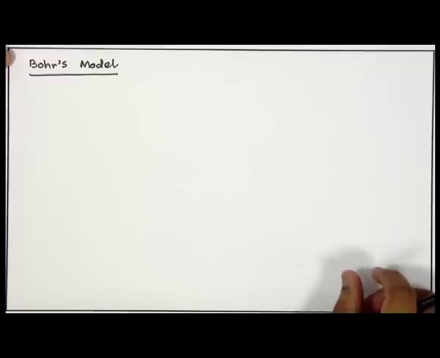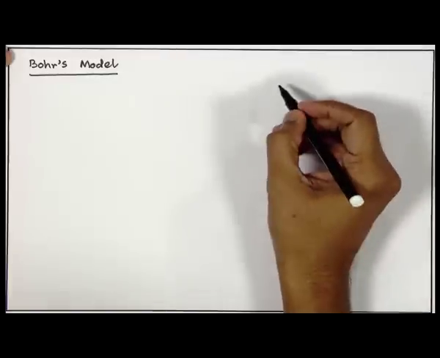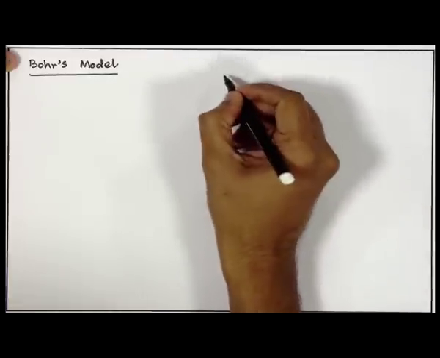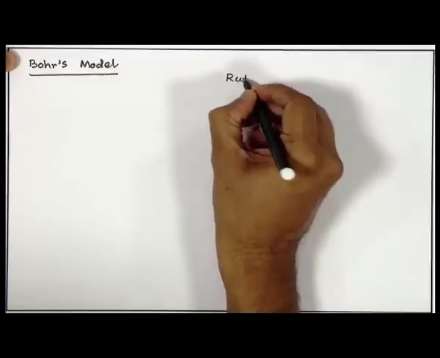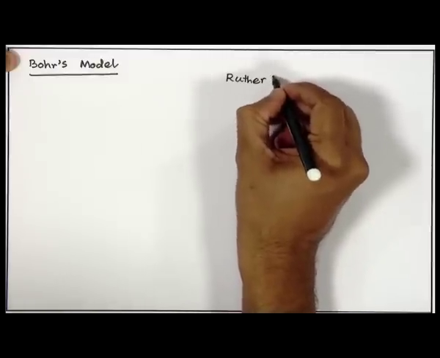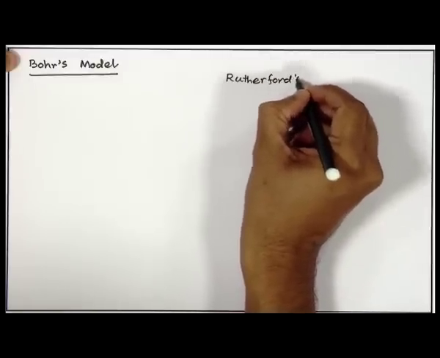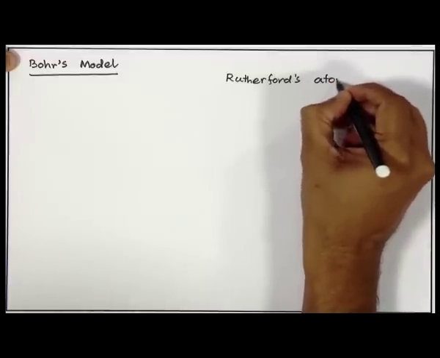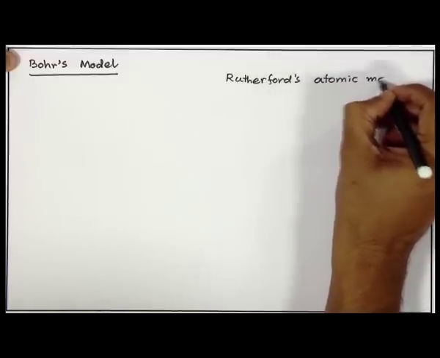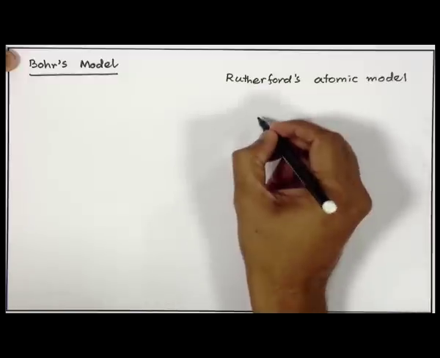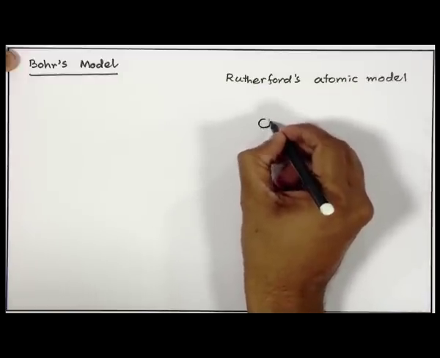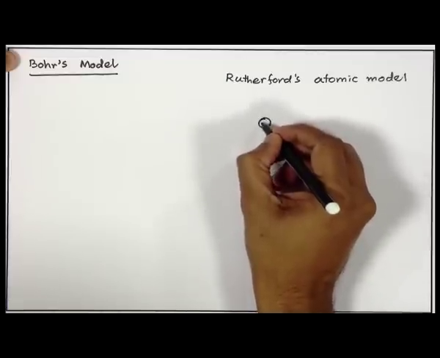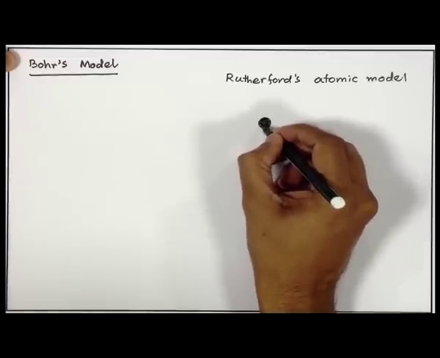Before that, let us refresh our memory as to what we know so far. We know that up to now the most advanced model of the atom was given by Rutherford. So, let us refresh our memory about Rutherford's atomic model. Rutherford suggested that every atom has a central core, which is the nucleus. The nucleus contains all the positively charged particles, the protons.